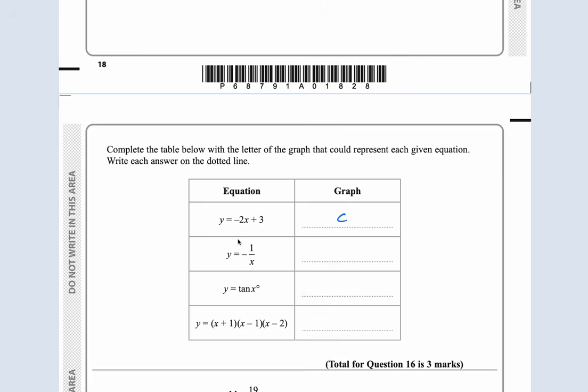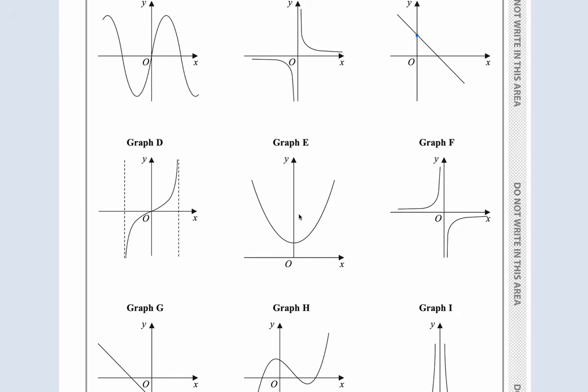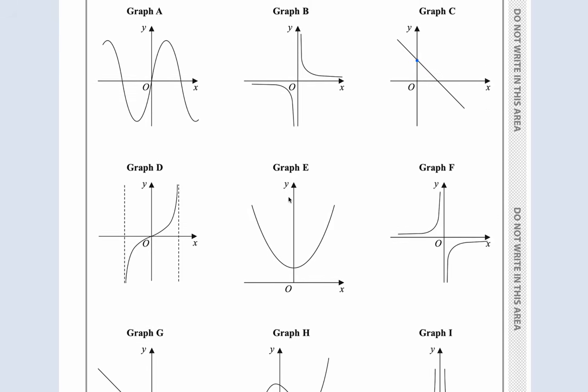Okay, second one, y equals negative 1 over x. All right, 1 over x, guys, is this. This is the graph of 1 over x. You do need to know what this looks like. So minus 1 over x is this one. It's in the other 2 quadrants. It's the same kind of thing. So think of when x is 100, y is 1 over 100. That's why it approaches an asymptote here.